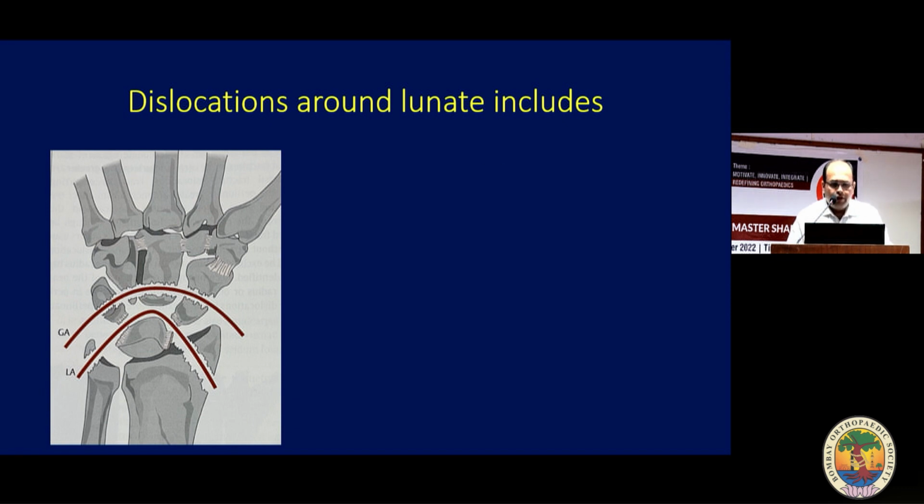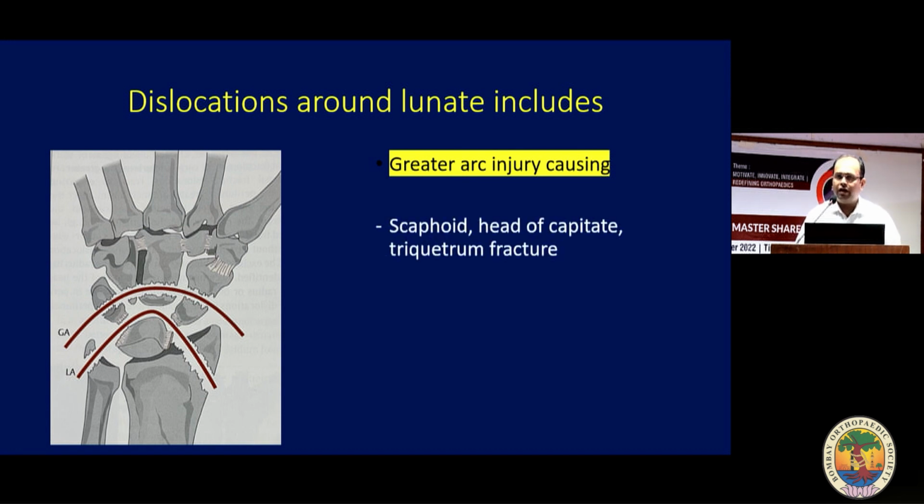When we talk about dislocations around the lunate, there is the greater arc injury, where the arc starts from either the radial styloid or the scaphoid, then goes through the capitate, then to the tip of the hamate, then to the triquetrum. That is called the greater arc injury.